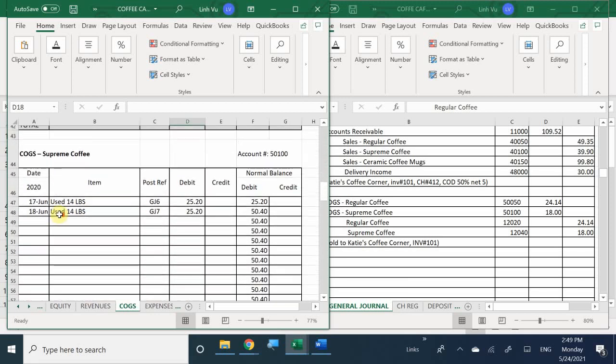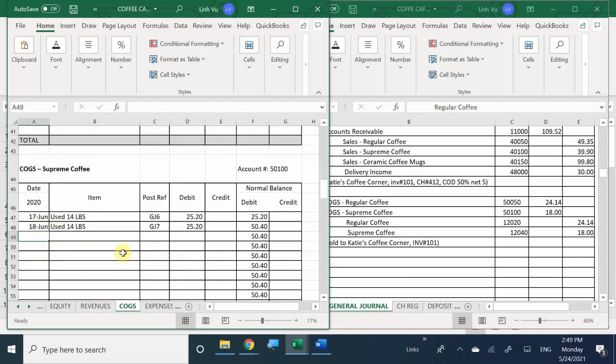Then the supreme coffee, 619, 10 pounds. GJ7 for 18 in the debit. Sorry, sold 10 pounds. Running balance 68.40. That looks good.